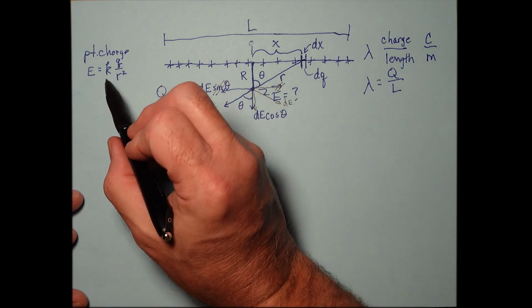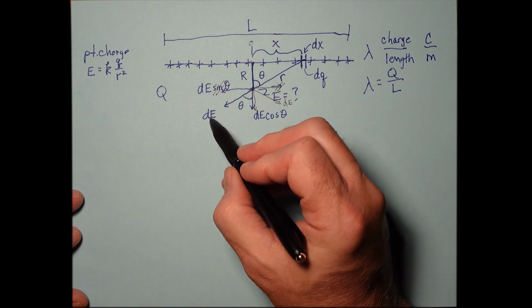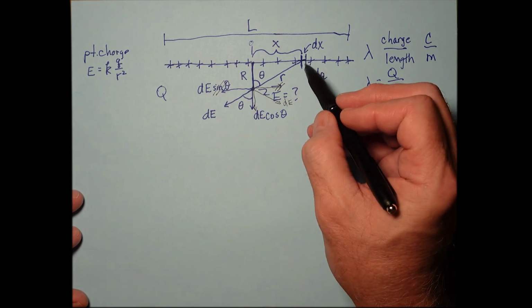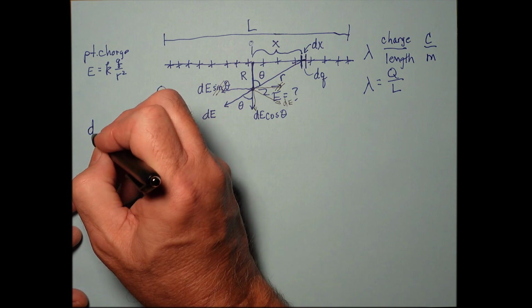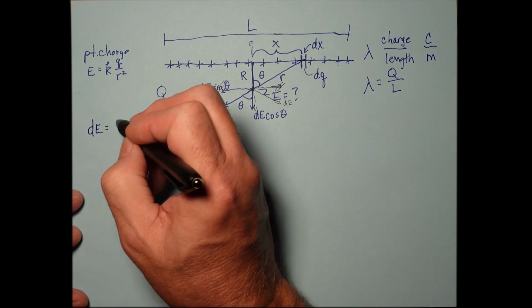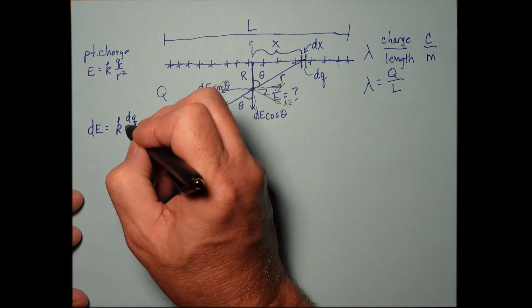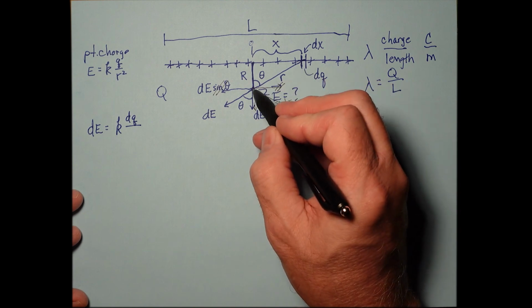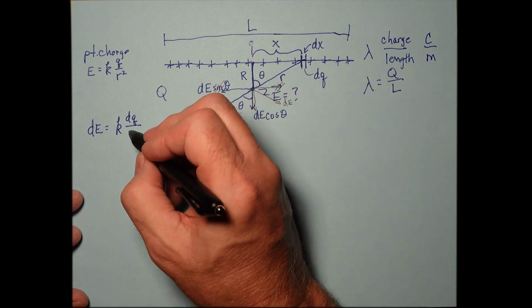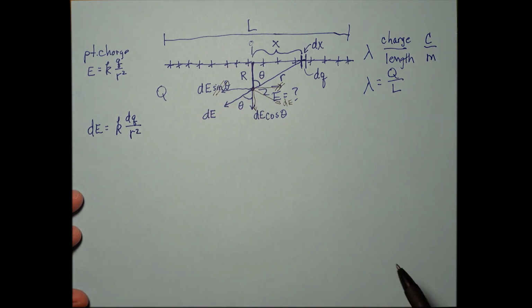So if E is equal to kq over r squared, then this differential electric field caused by dq is given as dE is equal to k dq divided by the distance it is away from that point, and that distance we've called r squared. R is a variable.